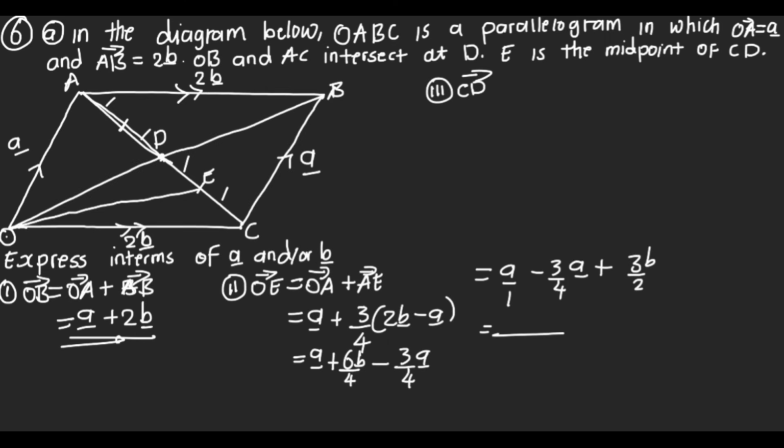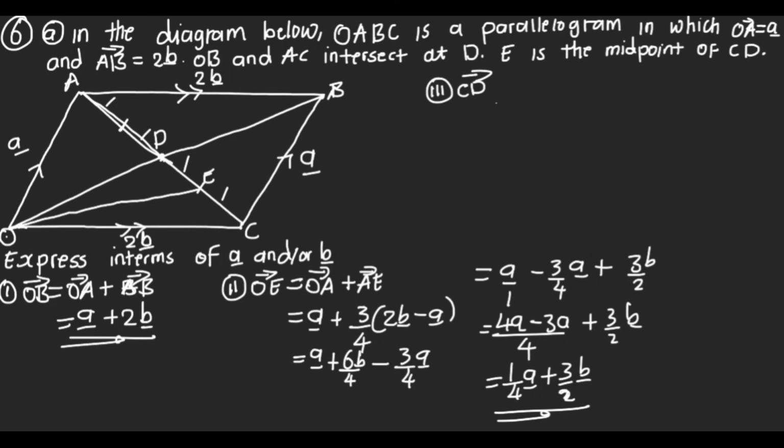So let's look for a common denominator to combine a with negative 3 over 4 of a. The lowest common denominator is 4. So 1 into 4 will give us 4a minus 3a, plus 3 over 2 of vector b. So 4a minus 3a will give us 1 over 4 of vector a plus 3 over 2 of vector b. So this is our answer.